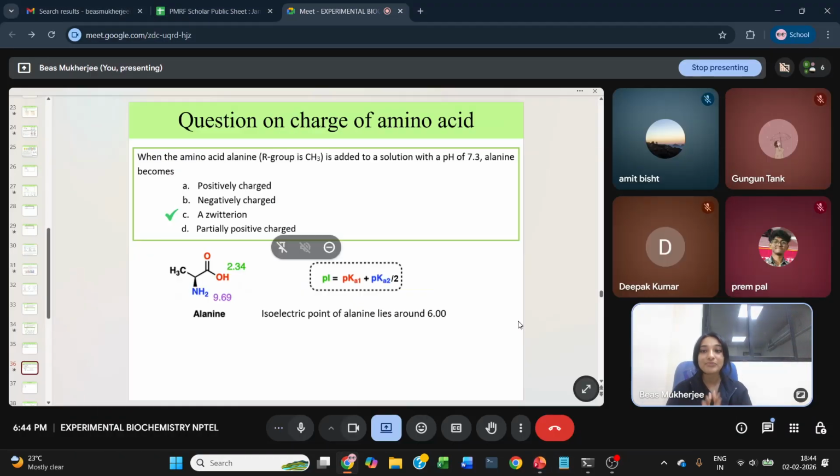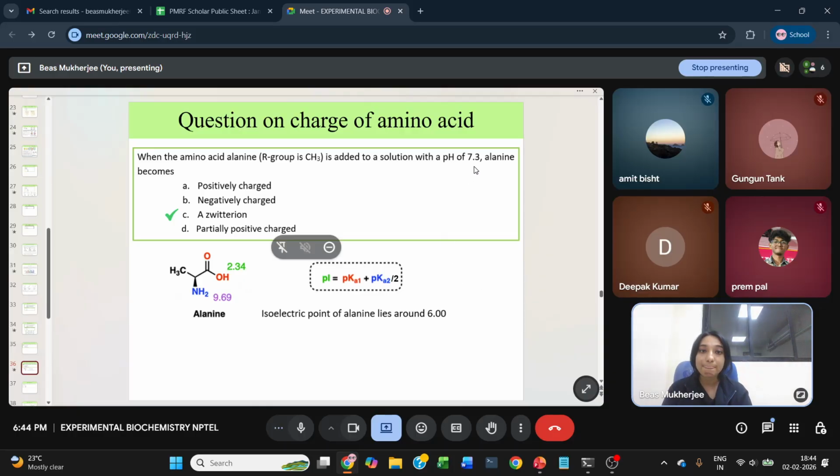Why is that so? Because alanine has pKa1 and pKa2, and as we know, it does not have any charge on its R group, so pKr is 0. Always remember that the COOH group has a pKa of around 2, and the NH2 group has a pKa of around 9. If you do the sum, it will come to be around 7.